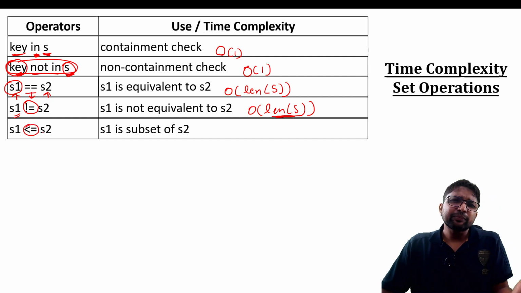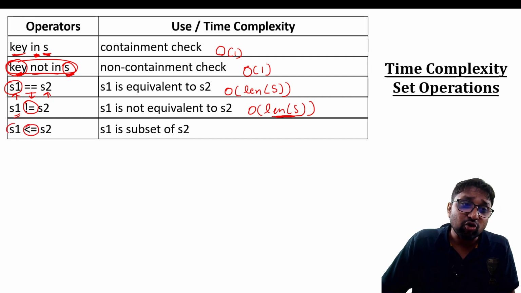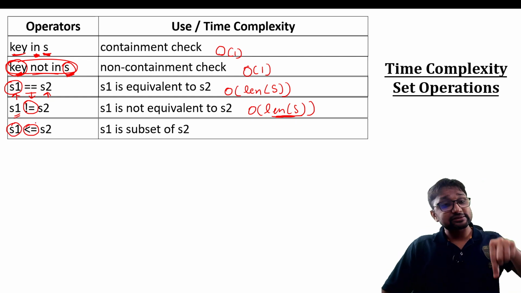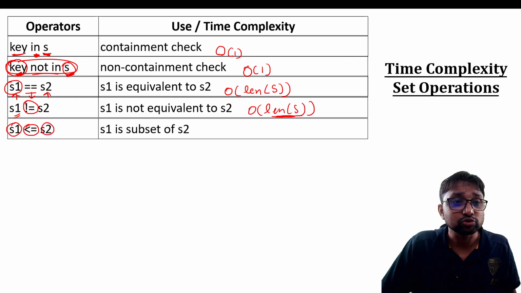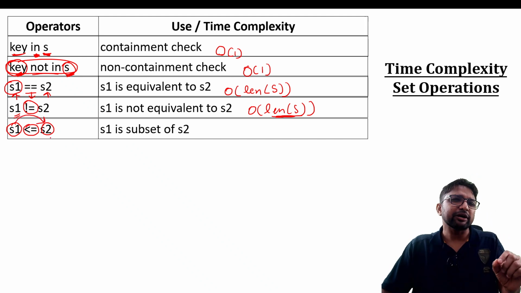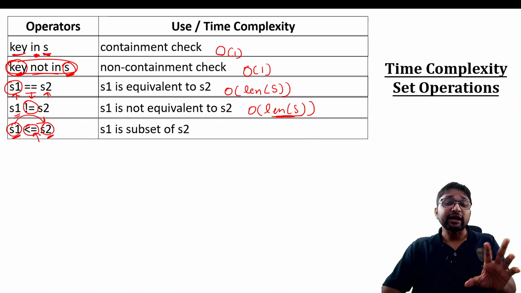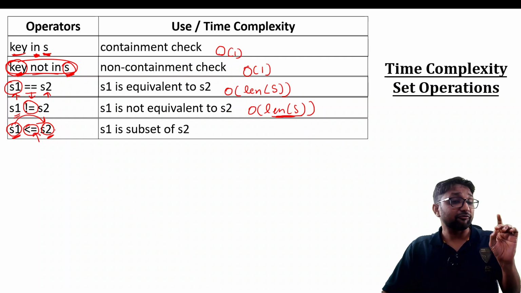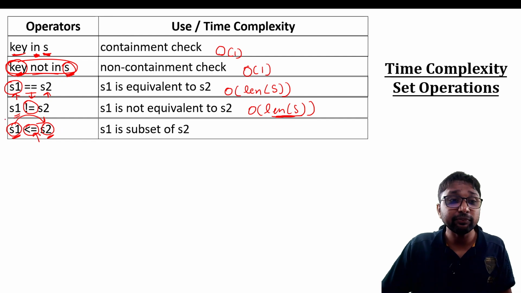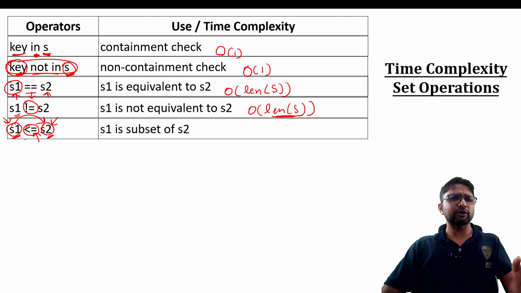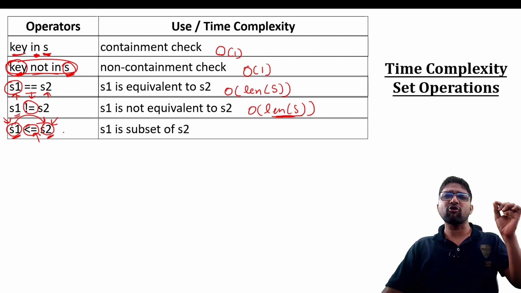Next one is the subset operation. Subset means all the elements of S1 should be present in S2, so then only S1 is a subset of S2. One more condition can happen here: S1 and S2 can have an equal number of elements. But one thing is sure, all the elements of S1 are present in S2. Then only we can say that S1 is a subset of S2.